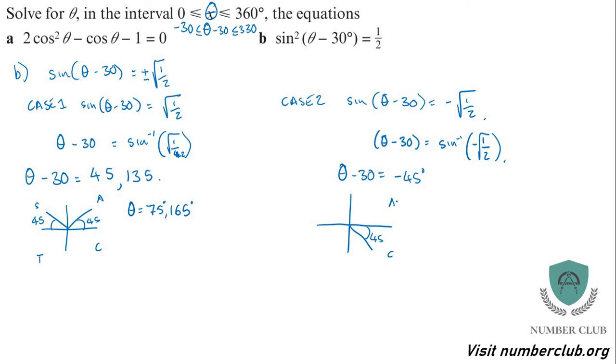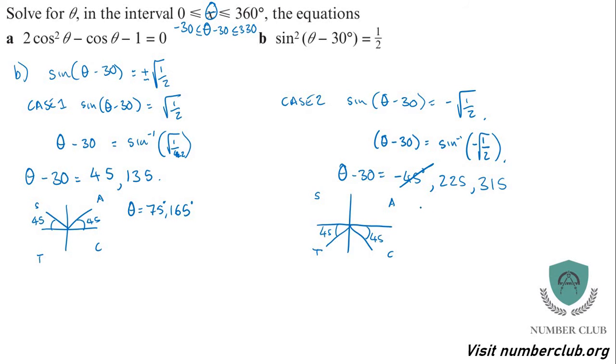45 C, A, S and T, and so we'll want this here, which is 45, so that's 180 plus 45 if we're carrying around like that. 180 plus 45 is 225, and 360 subtract 45 would be 315, and there aren't going to be any more that fit in that domain there, and we don't need that one.